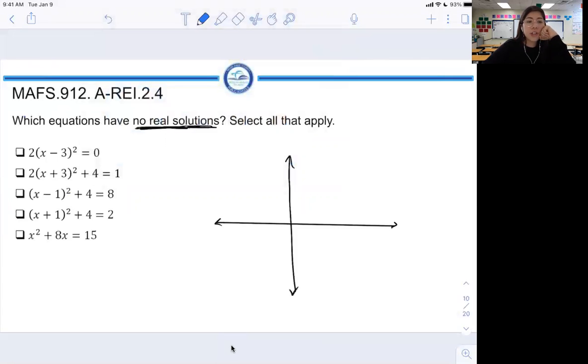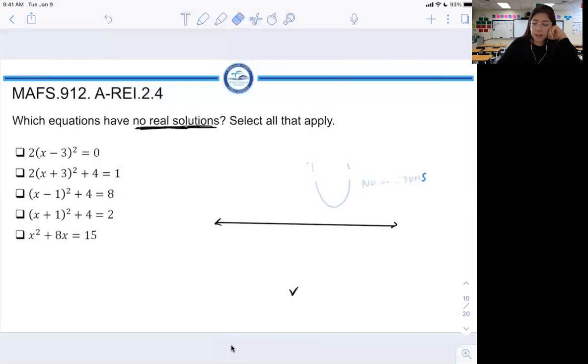It doesn't touch the x-axis. It might have a y-intercept somewhere, but it would not have any x-intercepts. That's what I call floating in midair. This has no solutions because it's not going to touch the x-axis ever. So that's what it looks like on a graph.